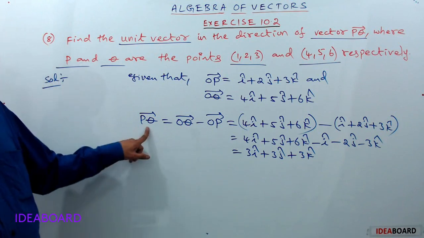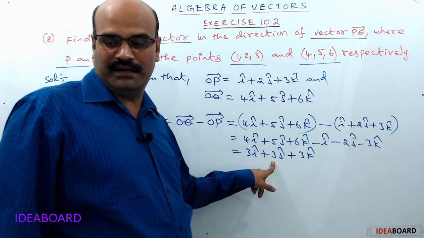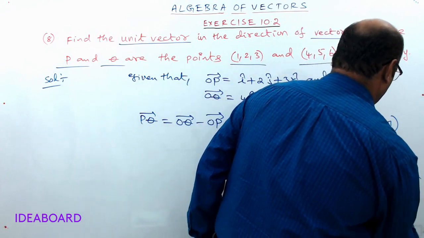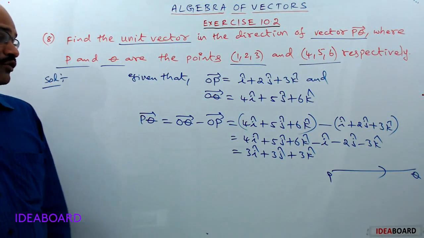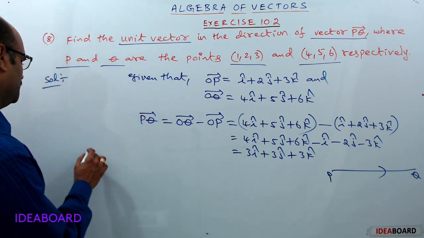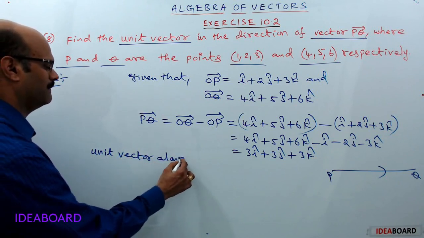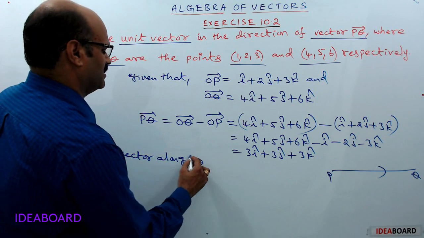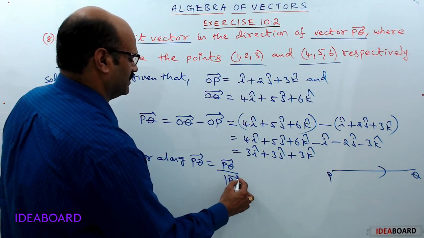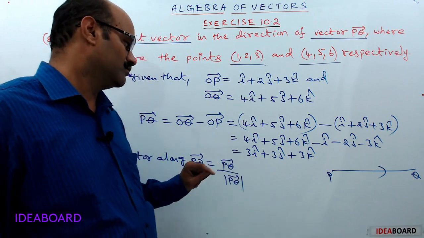Now we have to find the unit vector along PQ vector. Here PQ vector is given by this one. How to find the unit vector along PQ vector? Unit vector along PQ vector is always equal to the formula PQ vector by magnitude of PQ vector. Now we have to find the magnitude of PQ vector.